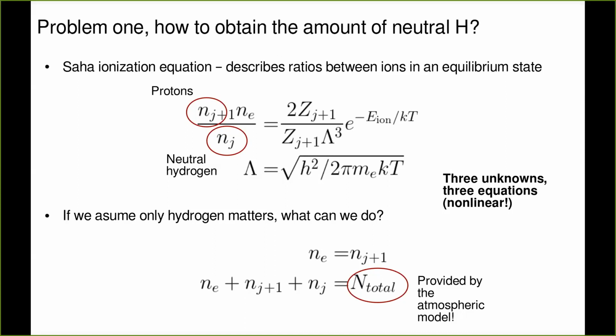The total number of electrons would be equal to the number of protons plus the number of once ionized helium plus 2 times the number density of twice ionized helium. And finally, the total number of hydrogen atoms plus the total number of helium atoms plus the total number of electrons is equal to the total number of particles. And then I would have to solve that.